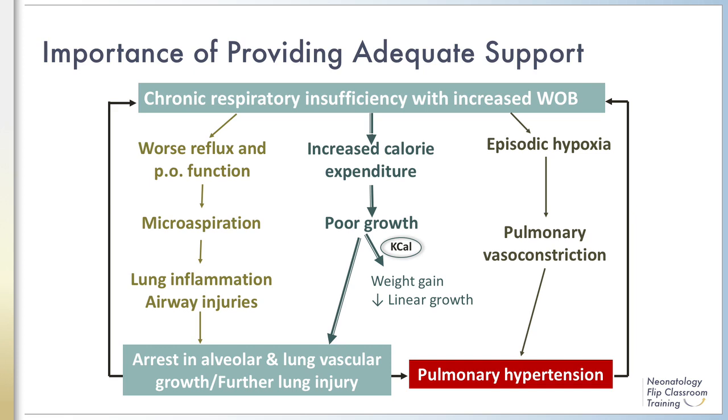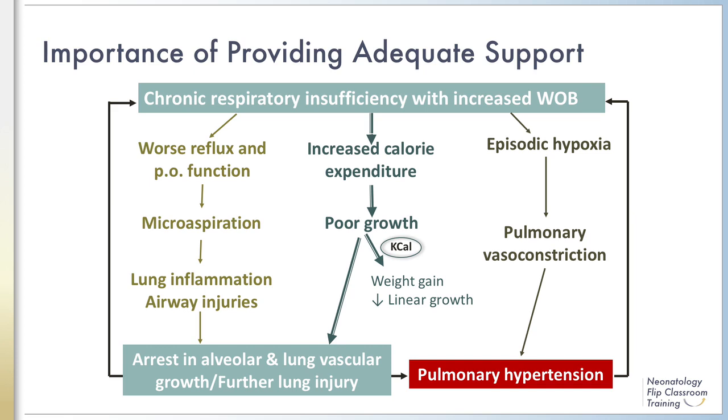Secondly, significant work of breathing increases calorie expenditure, resulting in poor growth. When caloric density is increased without providing adequate respiratory support, weight gain may be achieved without meeting goals for linear growth, which correlates with organ growth, including lung growth. Additionally, provision of increased caloric density increases the respiratory quotient and may adversely impact work of breathing.